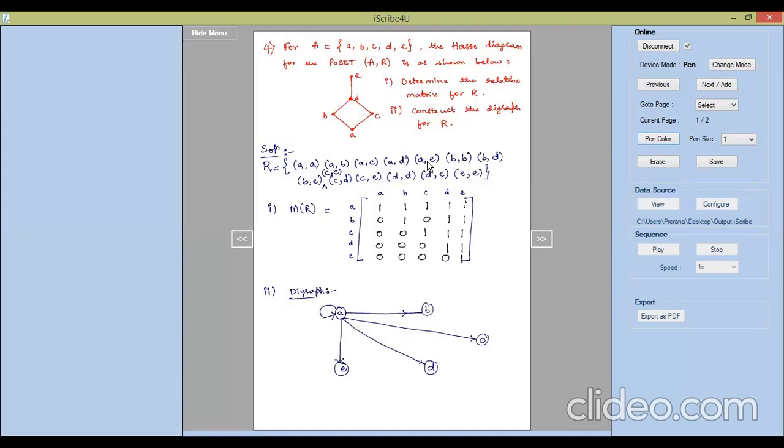Then we have BB, BD. BB is a loop. BD, BE. Then we have CC, CD. CC represents a loop. CD, CE.